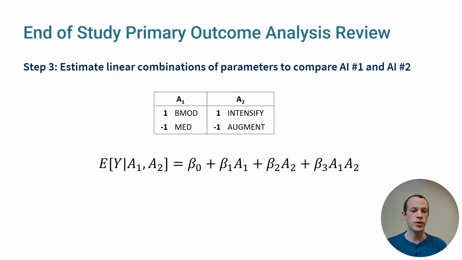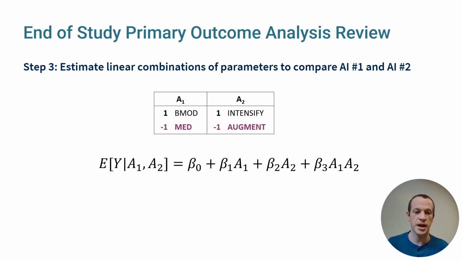And then from there, we estimate linear combinations of parameters in order to compare the two adaptive interventions, AI1 and AI2. The way we do this is pretty straightforward. Looking at AI1 first, under AI1, the students were assigned to receive medication.